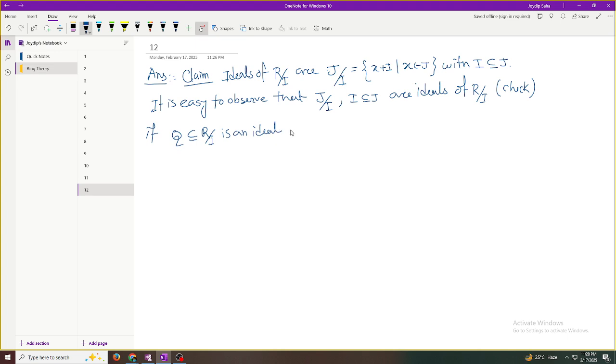We consider the canonical map, which is a ring homomorphism, pi from R to R mod I, x goes to x plus I. That is surjective.